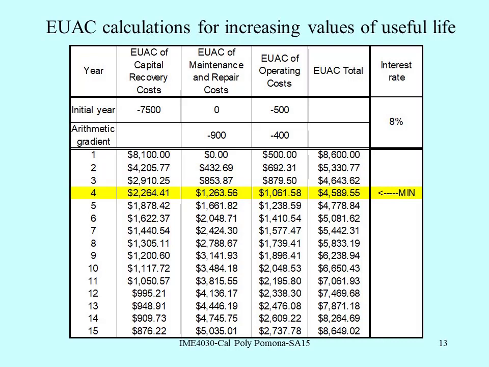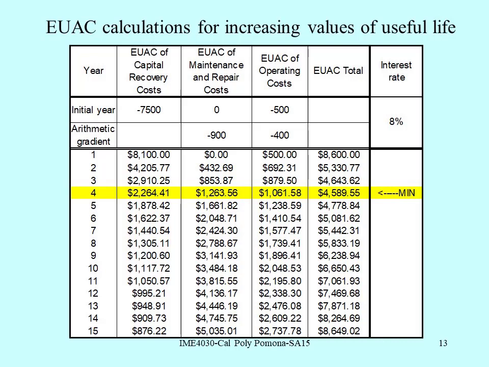The next column is the EUAC of the maintenance and repair costs. So that's the EUAC of the gradient. The gradient times the A over G factor gives us that number. Then the next column is the EUAC of the operating costs. So it's the 500 plus the uniform series that's equivalent to a $400 arithmetic gradient. So we've got the EUACs of all of our costs, and if we add those up, we get the total EUAC.